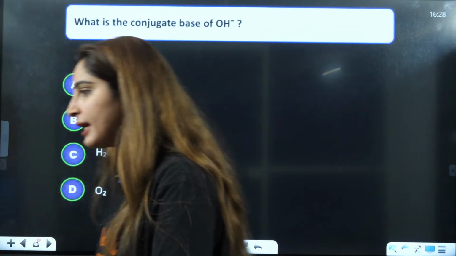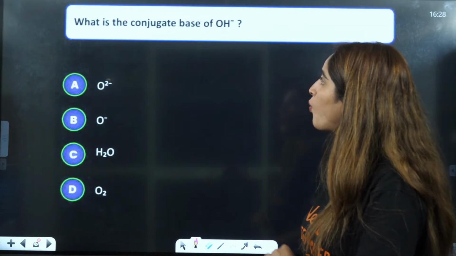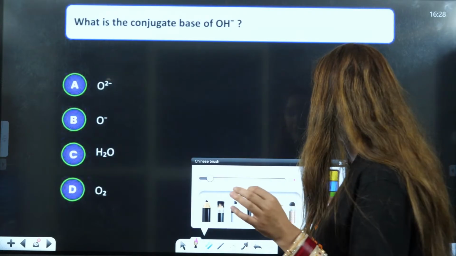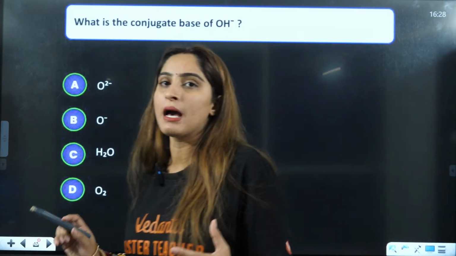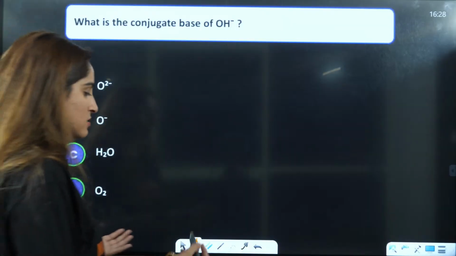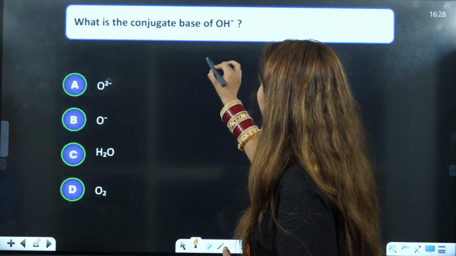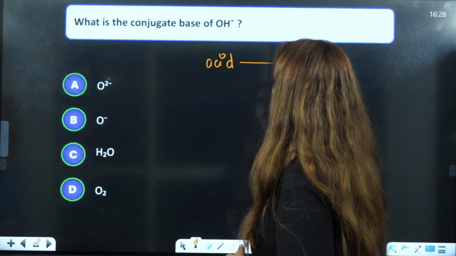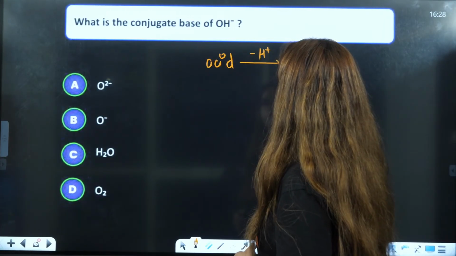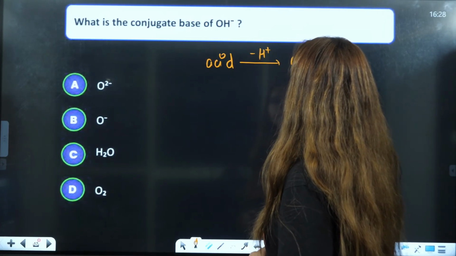Yes, everybody? Right. Now here, what is the conjugate base of OH negative? If you see an acid, after losing H positive it forms a conjugate base.